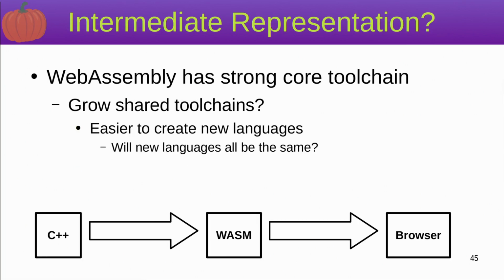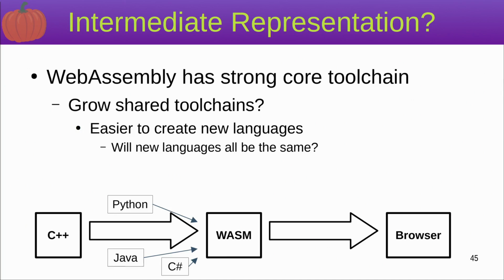And then finally, one possible interesting use of WebAssembly is as a universal intermediate representation. WebAssembly has one strong core toolchain, because if you need high-performance computing in the browser, WebAssembly is the way to do it, so people maintain the tooling for that. Once you have one strong toolchain, you can piggyback off of it.